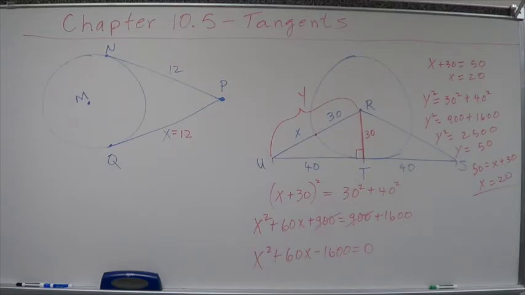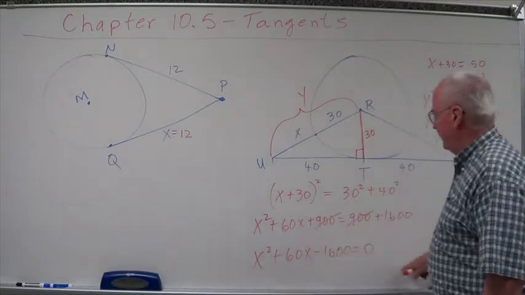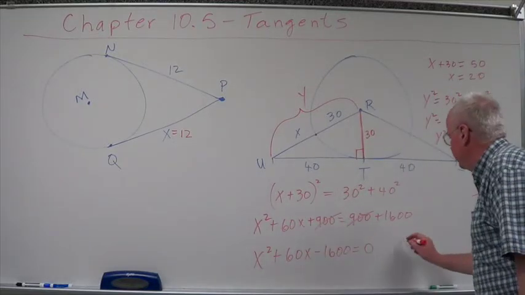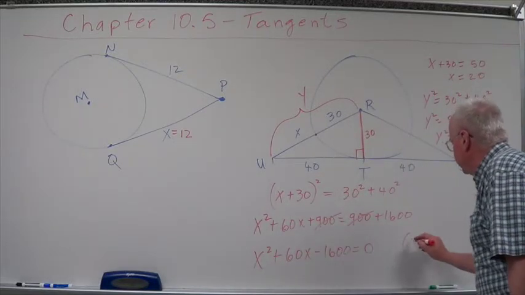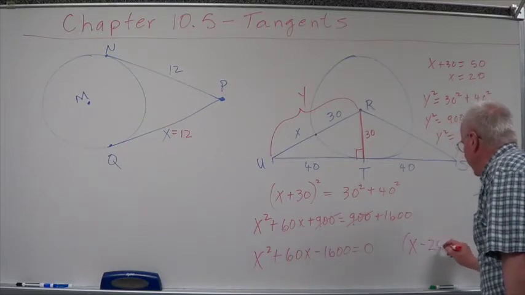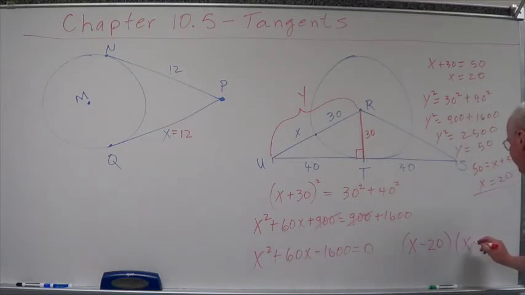What two numbers can we subtract to get 60 and multiply to get 1600? Not too hard to come up with. We'd be looking at x minus 20 and x plus 80.